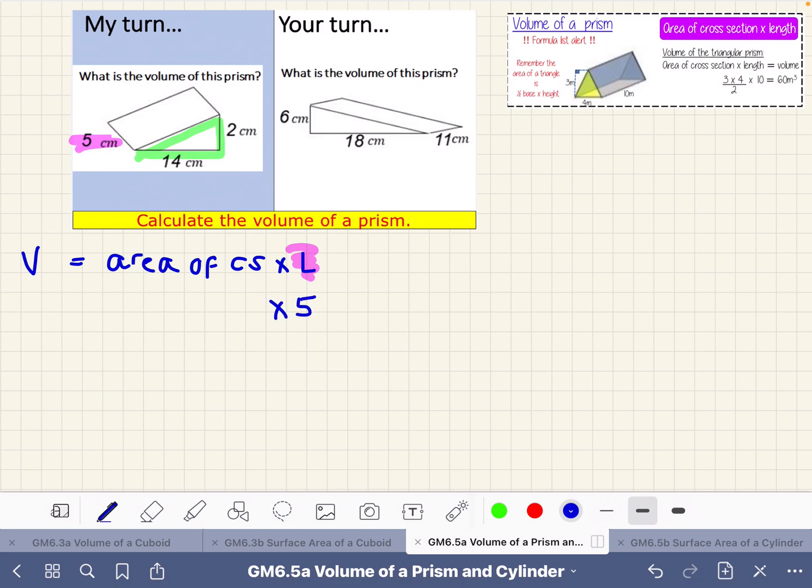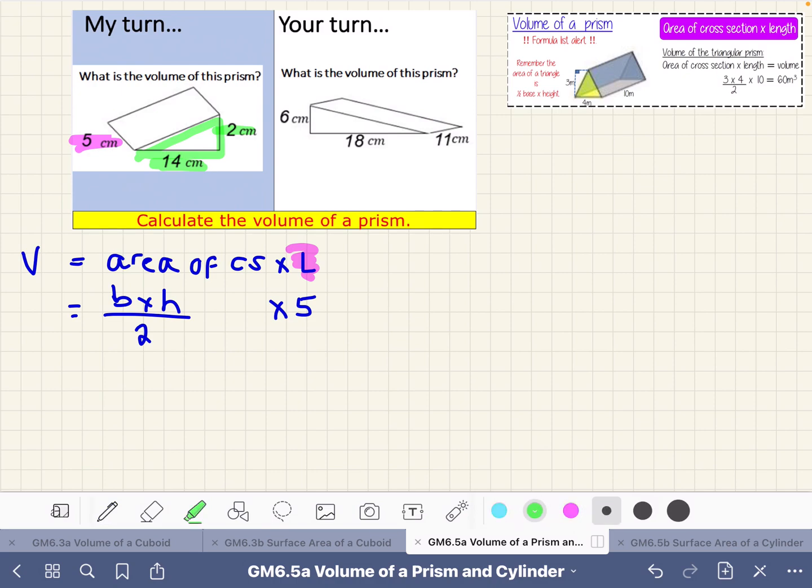The area of the cross-section, however, will be a calculation we do using our understanding of half base times height for the area of the triangle, or base times height divided by 2.